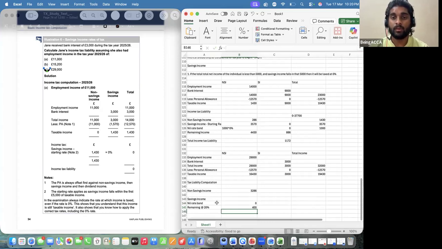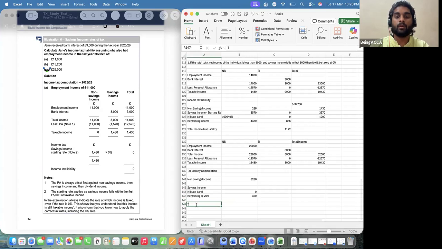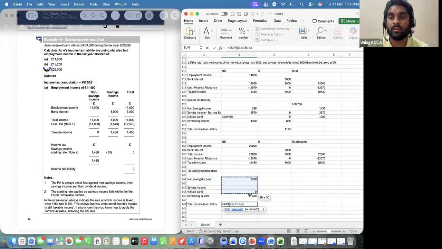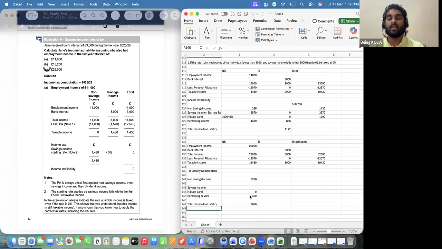So total income tax liability is the sum total of all of these. Is that clear? This is your total income tax liability.